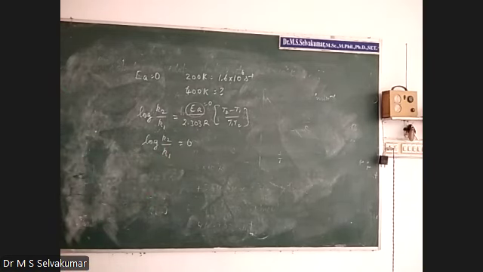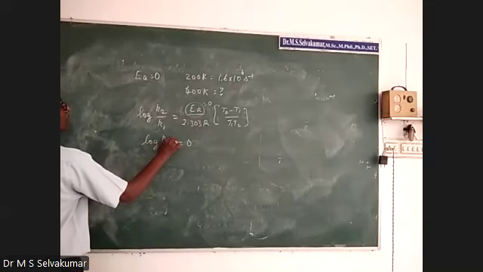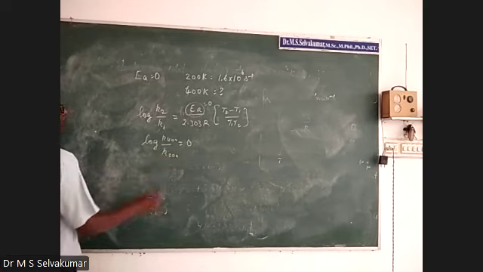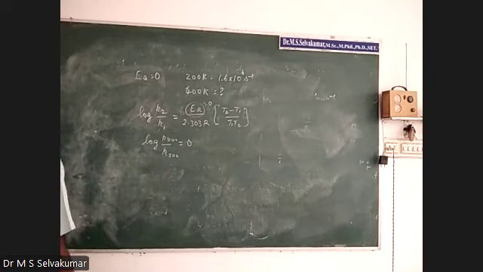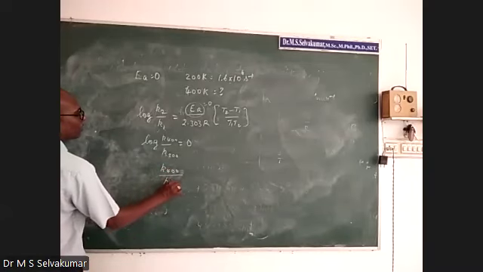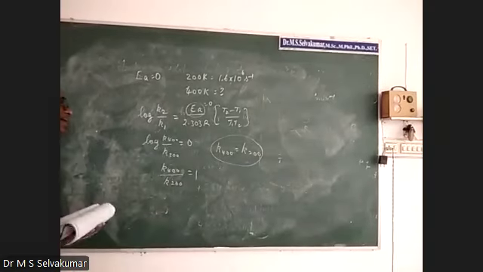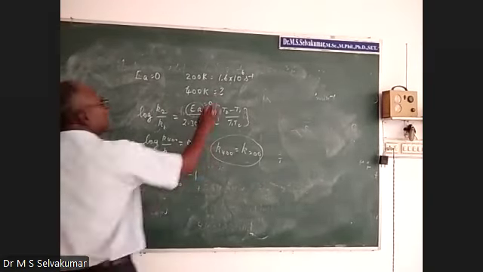Let me say K2 is at 400 Kelvin and K1 is at 200 Kelvin, which means that K at 400 divided by K at 200 is equal to 1. Then only the log value becomes 0. Therefore, there will not be any change in the rate constant at 400 and 200 Kelvin. So the rate constant at 400 Kelvin will also be 1.6 into 10 power 6 per second.